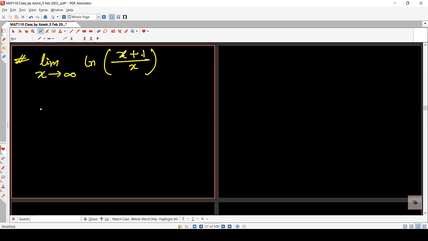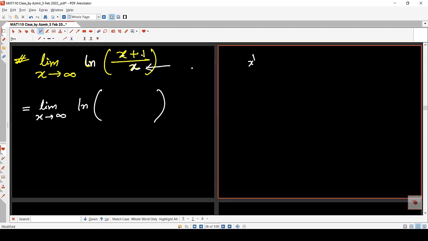So what can we do here? Limit x tends to infinity. Don't focus on the natural log. Suppose it is here as it is before. We have to focus on here. Which term is the highest power of x that occurs in the denominator? Obviously x, in the denominator we have x. This is also the highest term because we don't have any other term other than x.